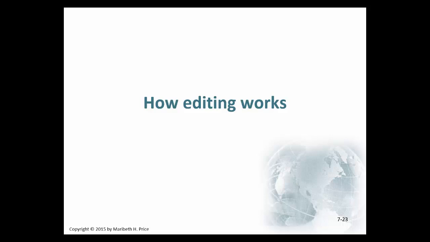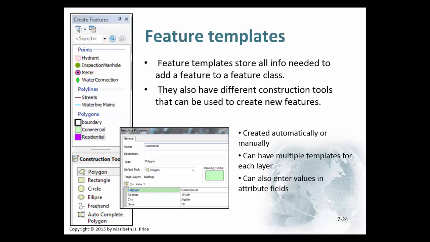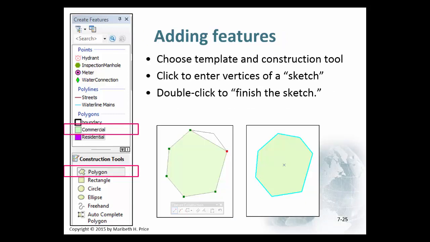To edit, you have to start an editing session. Feature templates are automatically created. They store all the information needed to add new features using a variety of construction tools. To create a new feature, choose the appropriate template and tool, then click to add vertices of the sketch.